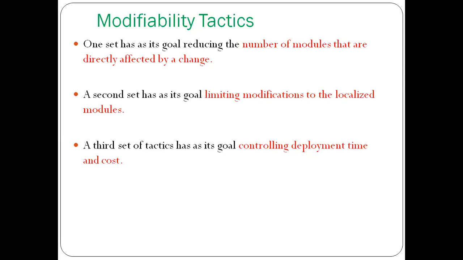The third one is controlling the deployment time and cost. If we go for more and more designs, the cost may increase and the time may also increase. Implementation time, by writing the code or designing, is a time-consuming process, so how do we control that? These are the three goals of modifiability tactics.